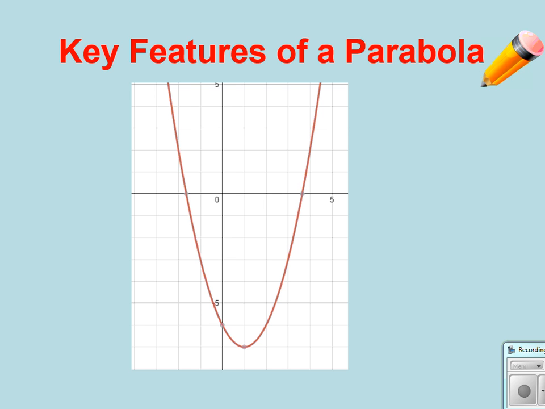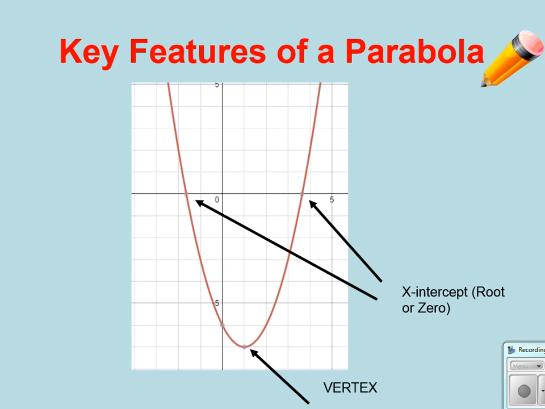All right, let's go ahead and talk about the key features of a parabola. Well, first you have to know that a parabola is a U-shape, okay? Then you need to know that it has a vertex. You also need to know that it has x-intercepts. Now, two more words that mean the same thing as an x-intercept, where it crosses the x-axis, are root or zero. So I may talk about a root or a zero.